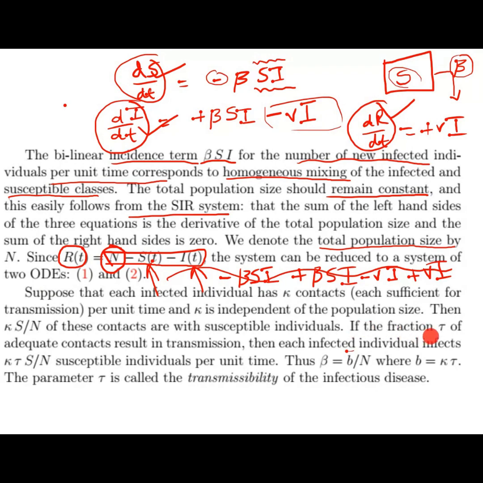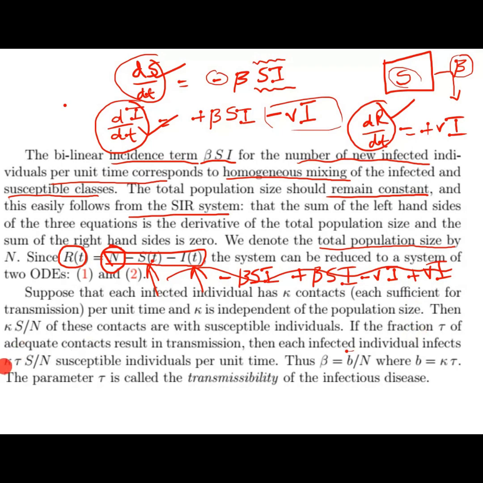And if the fraction tau of adequate contacts results in transmission, then each infected individual infects K tau S. Can you see now that these are contacts sufficient for transmission, but the transmission itself is the fraction tau of adequate contacts.